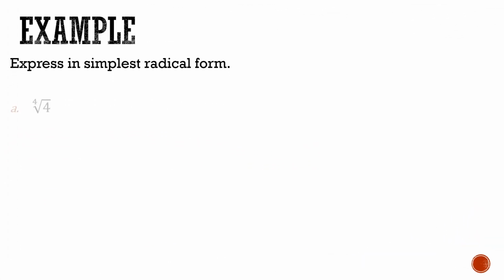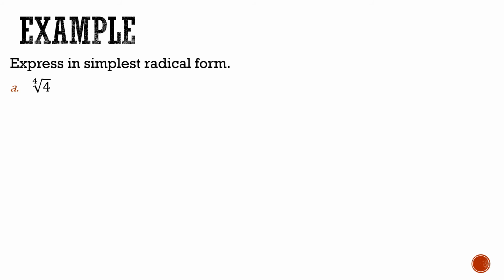Express in simplest radical form the fourth root of 4. As you can observe, there is no such number which, when you multiply it by itself four times, gives 4. Now we want to express this in the simplest radical form. So the first step is to express the radical as a rational exponent.